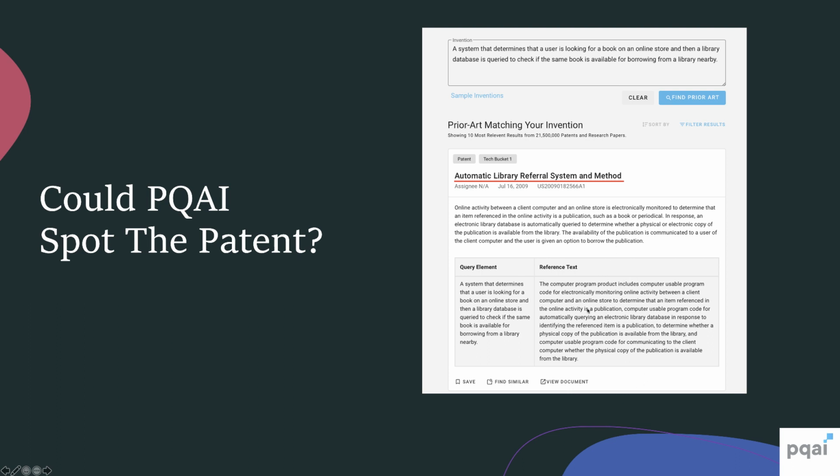So this shows that the PQAI is able to match my idea, even though it is described using words and terms and articulation that is different than how it has been described in a patent application, and then still bring up that patent application as a positive match to what I have described in my own language.